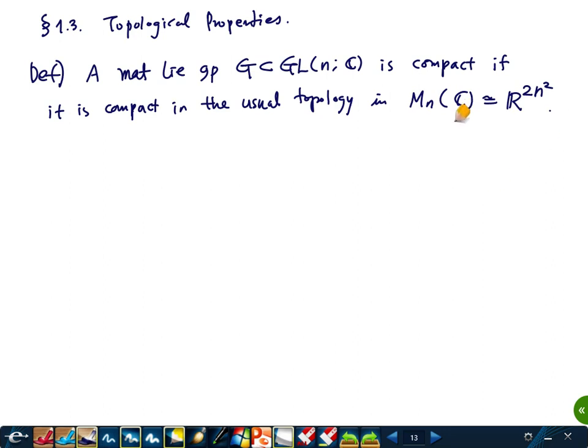A complex number can be considered as R^2, so it's R^(2n^2), a Euclidean space.